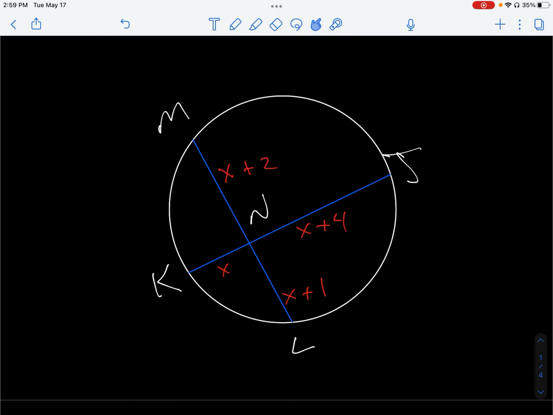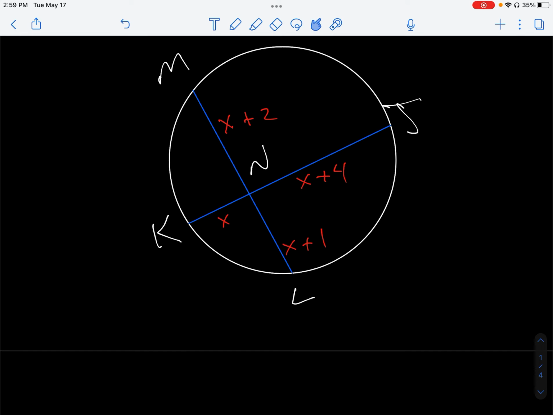So let's look at an example. Here we have two chords, ML and JK, that intersect, and we want to find the length of ML and JK.